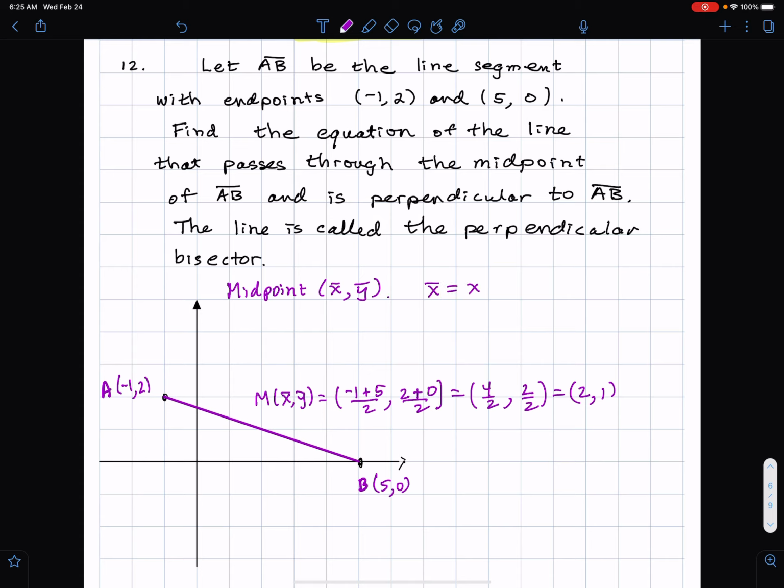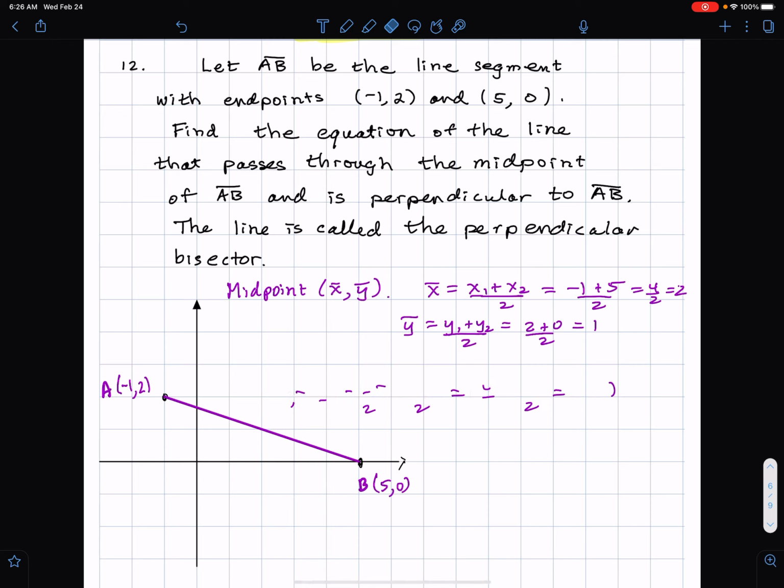X bar is equal to X1 plus X2 over 2. So in our case, that's -1 plus 5 over 2, 4 over 2, which makes 2. Y bar is Y1 plus Y2 over 2, which is 2 plus 0 over 2, which is 1. So the midpoint is the point (2, 1), which you can really, I think, have guessed from this picture.